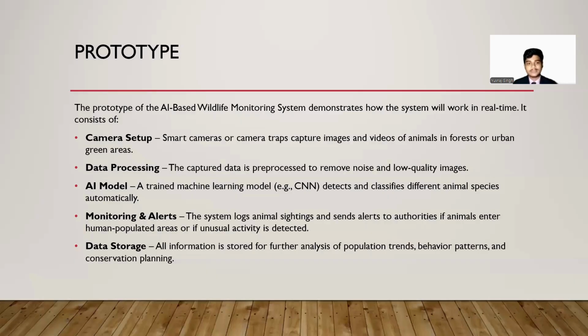A trained machine learning model, CNN, detects and classifies different animal species automatically. Monitoring and alerts. The system logs animal sightings and sends alerts to authorities if animals enter a human populated area or if unusual activity is detected. Data storage. All information is stored for further analysis of population trends, behavior patterns, and conservation planning.